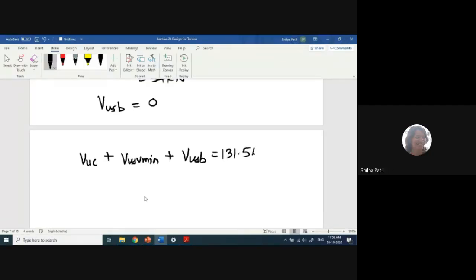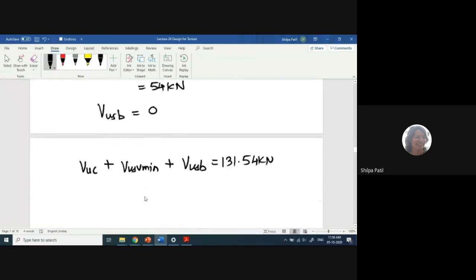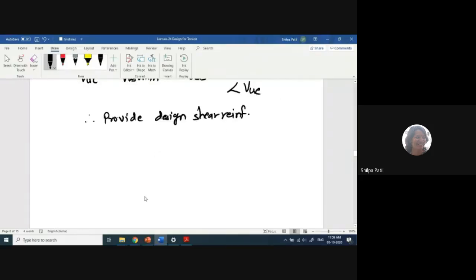Compare this value with VUE, which is 283. This value is less than VUE, so we need to design the shear reinforcement. It means whatever minimum shear reinforcement we provide is not sufficient.